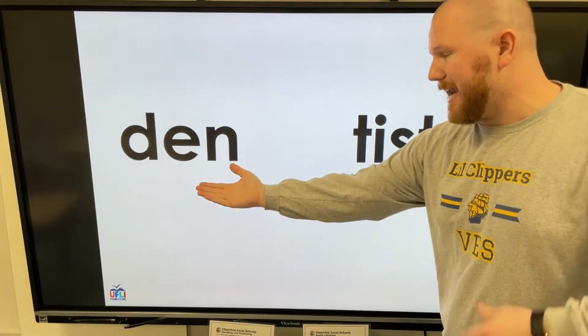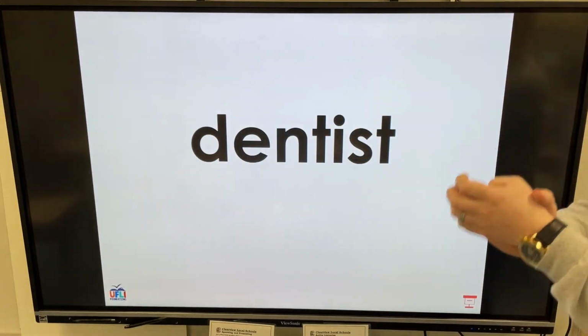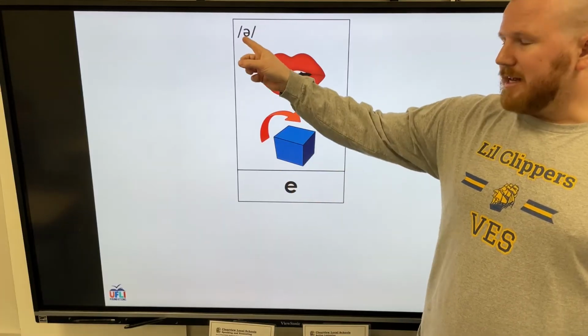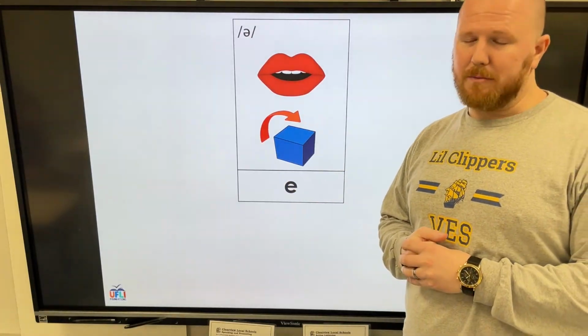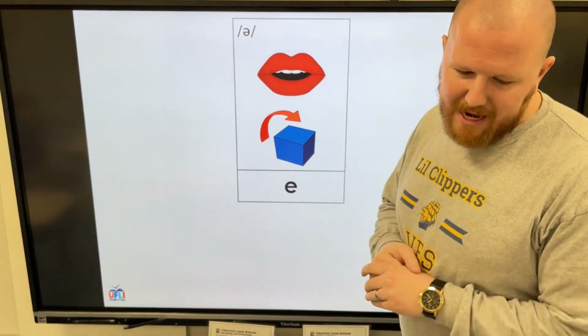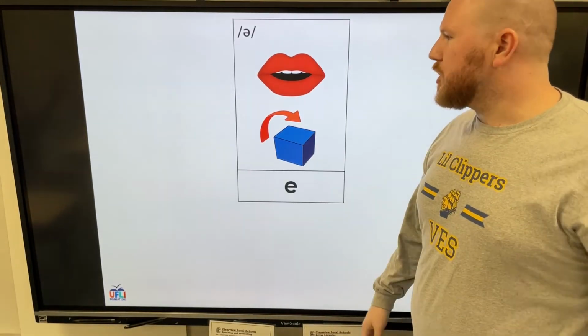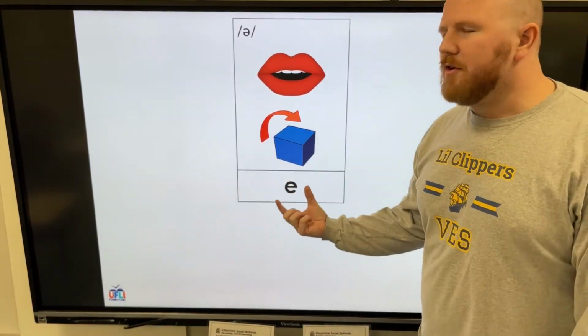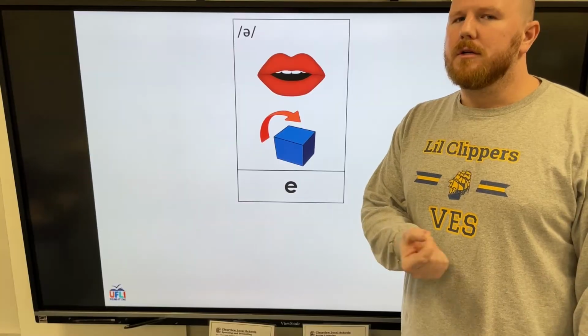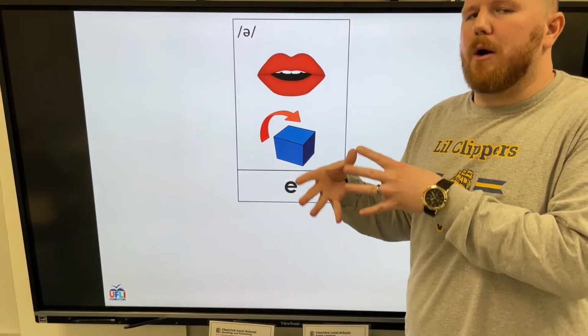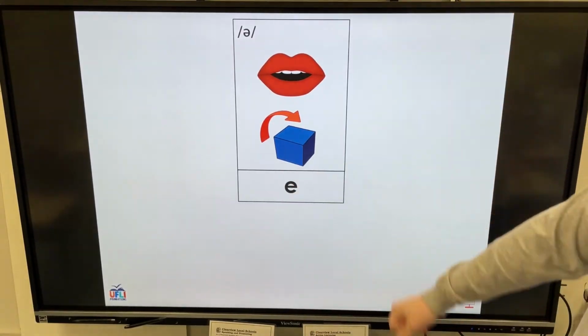So dentist, dentist. See the E upside down? You guys remember what that is? That is a schwa. A schwa is when the vowel in the word doesn't make the sound that we have learned it to. So let's take a look.